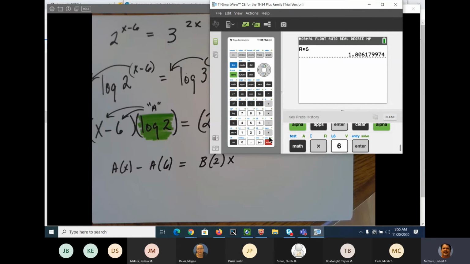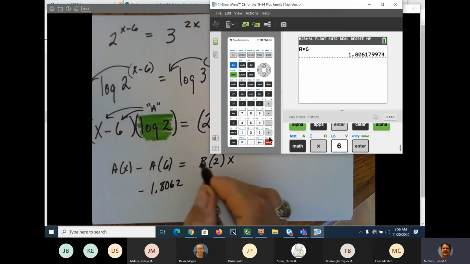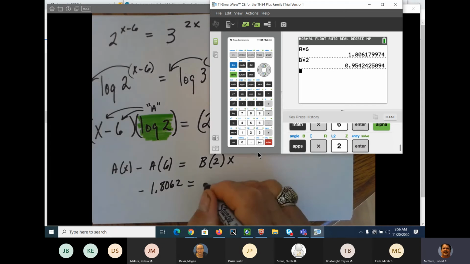I'm going to round it to 1.8062. And I'm going to multiply B times 2, so alpha B times 2 is 0.9542.